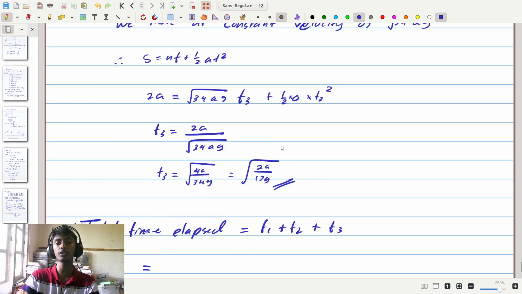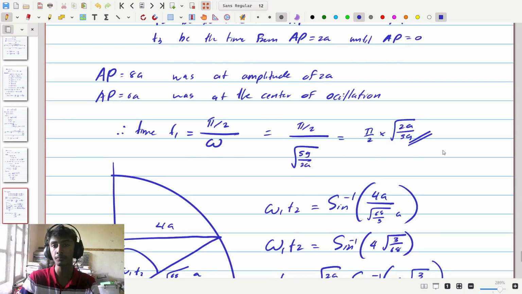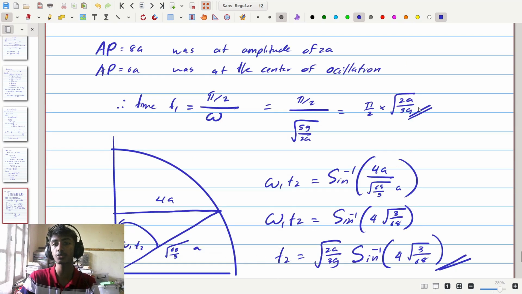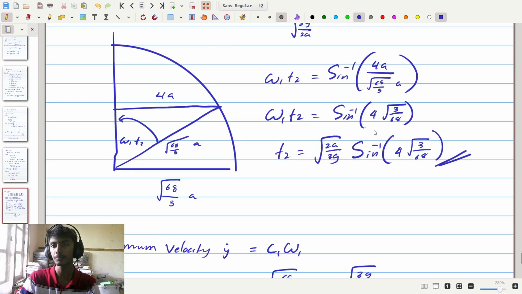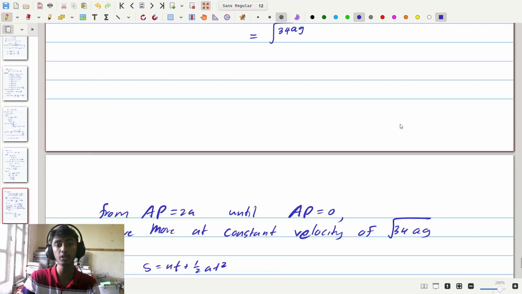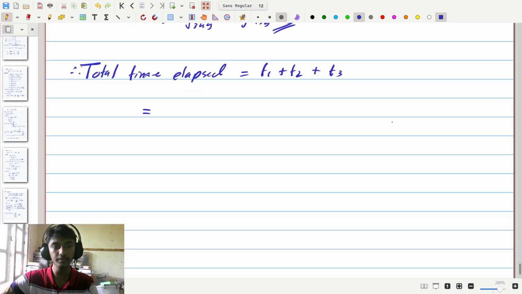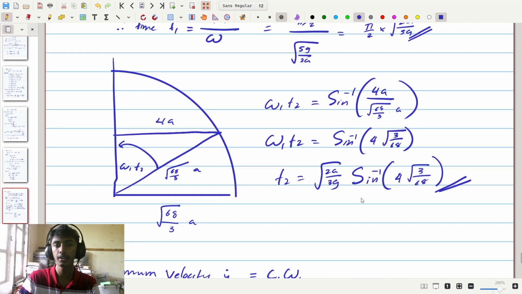So it's equal to, t1 up here was equal to, where's t1? T1 is equal to pi by 2 times square root of 2a over 5g, pi by 2 square root of 2a over 5g plus t2 was equal to this thing.